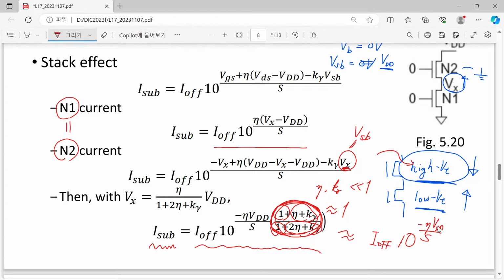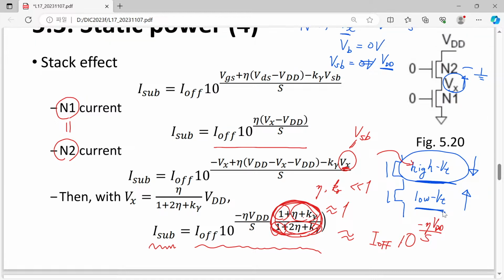And now you can see that if we have such a case, the current is relatively smaller. Okay. Are you all with me?